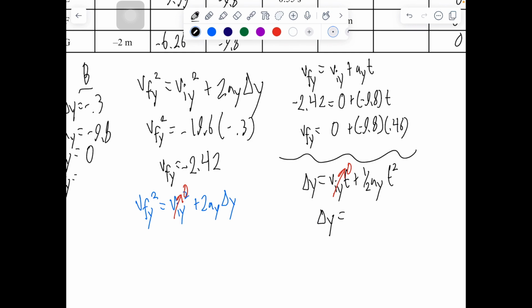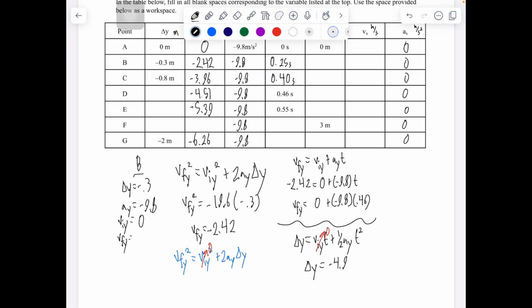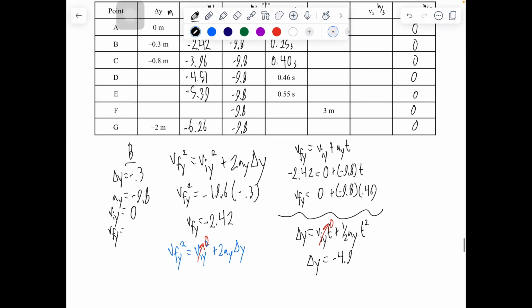1/2 of your acceleration in the y would be negative 4.9. If you plug in your time, so say we're solving for this spot, we'd say our time is 0.46, and we square that. 0.46 squared times 4.9, delta y negative 1.04.